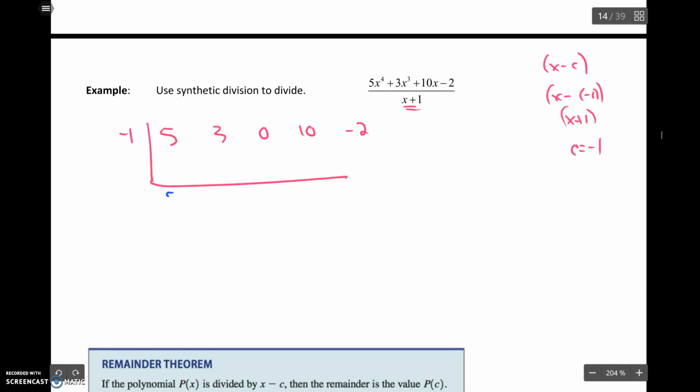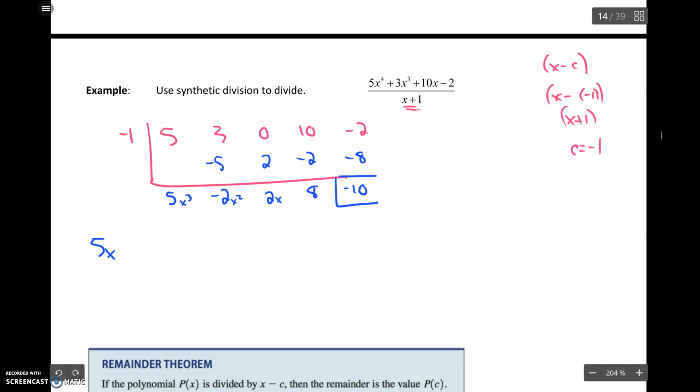Bring down the first number. Multiply, add, multiply, add, multiply, add, multiply. So fast, so quick, so easy. This is my remainder. This is my quotient. X squared, x to the third.